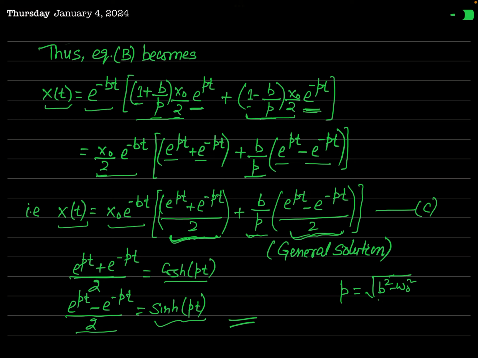So the value of this damping coefficient will decide the nature of the motion. That will decide how x will vary with t. That will be solely determined by the value of b. It means b is either greater than omega naught, equal to omega naught, or less than omega naught.